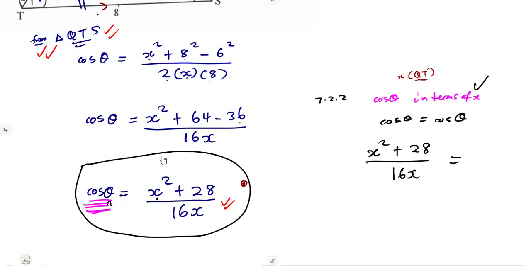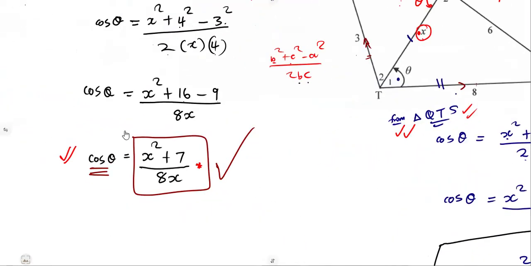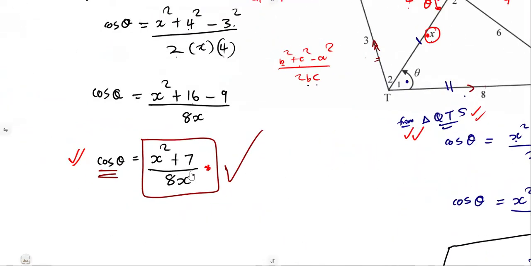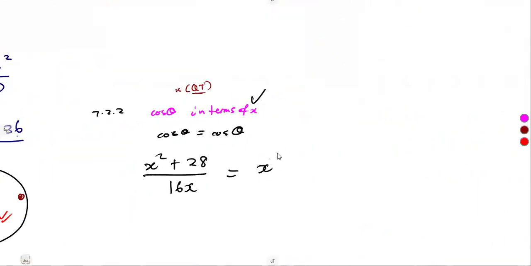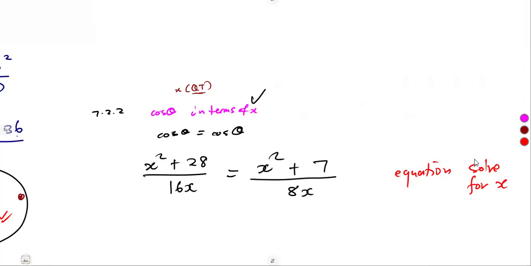On the other one of our trial and error, this is what we got, x squared plus 7 over 8x. So we're going to equate these two. Thus, we have formed an equation that we are going to solve for x. Solving for x means determining the length of QT.